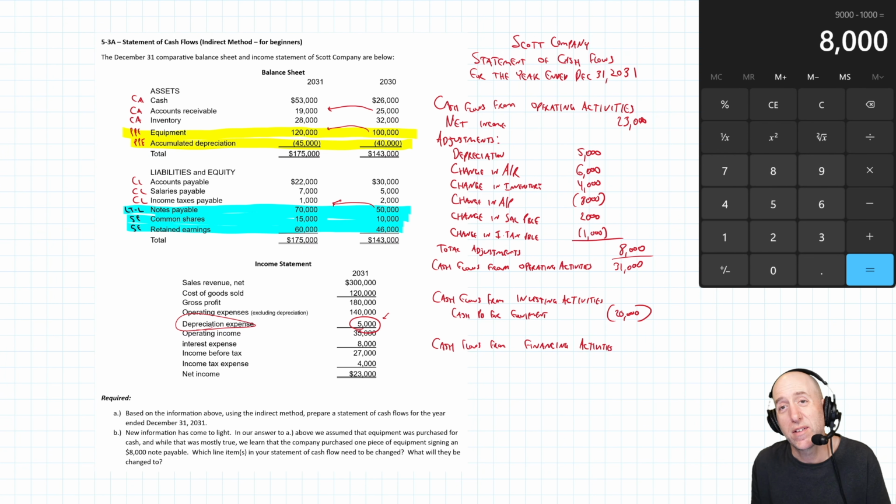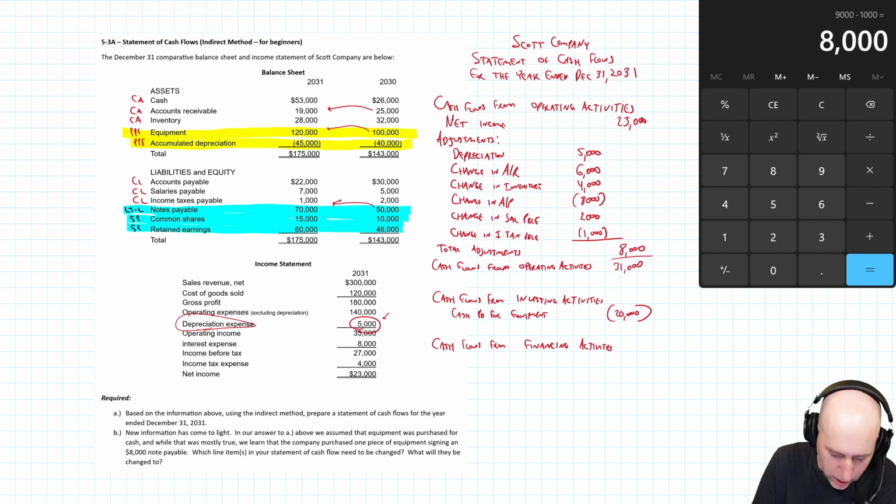Our note went from 50 to 70. Again, in the absence of other information, what happened? We borrowed $20,000. So cash received on issuance of note payable, right? Cash received on note payable, $20,000. Now, isn't that interesting?